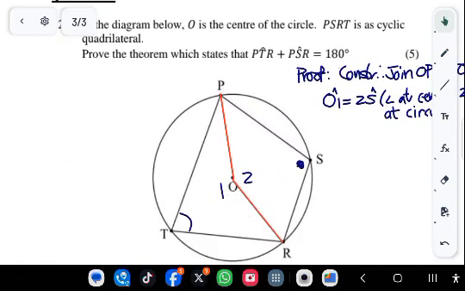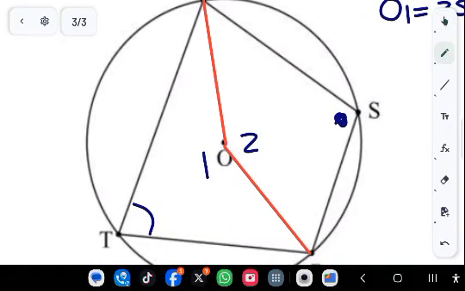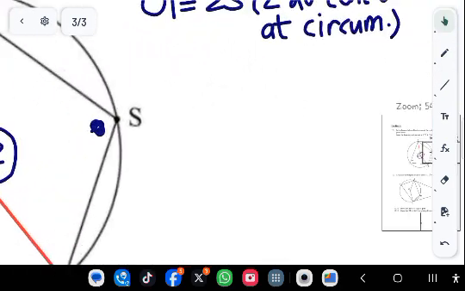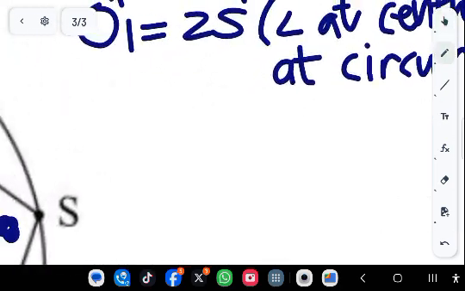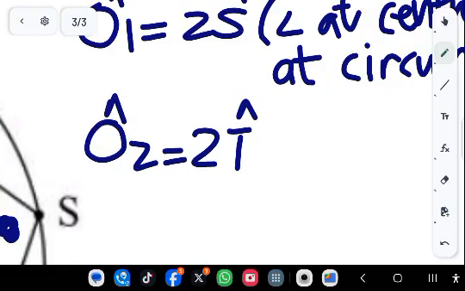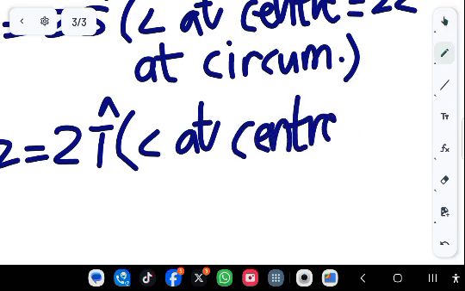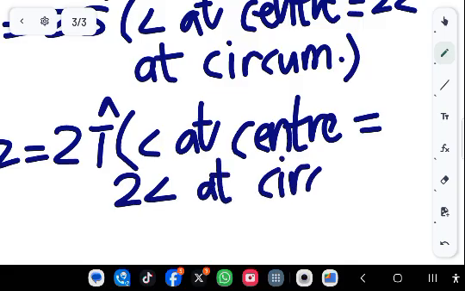Same story, angle O2 equals 2 times angle T, because angle at center equals twice angle at circumference.